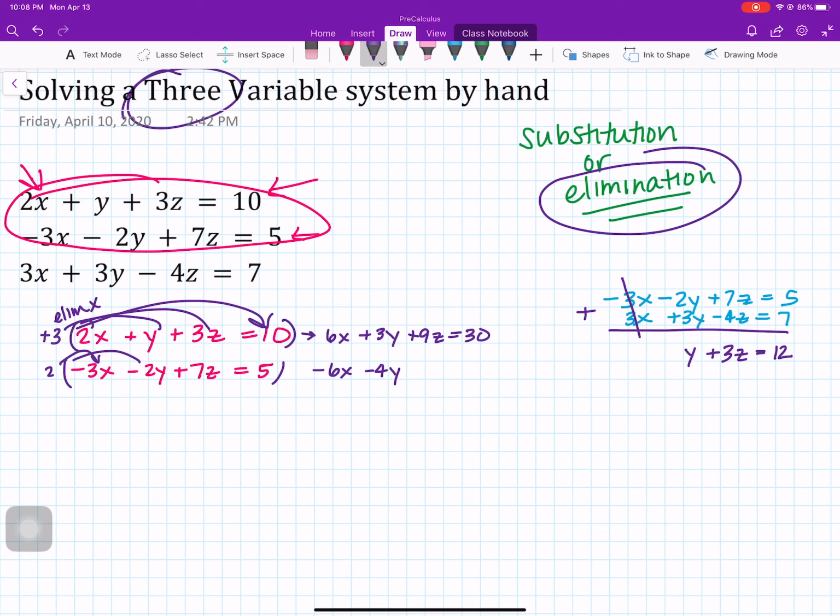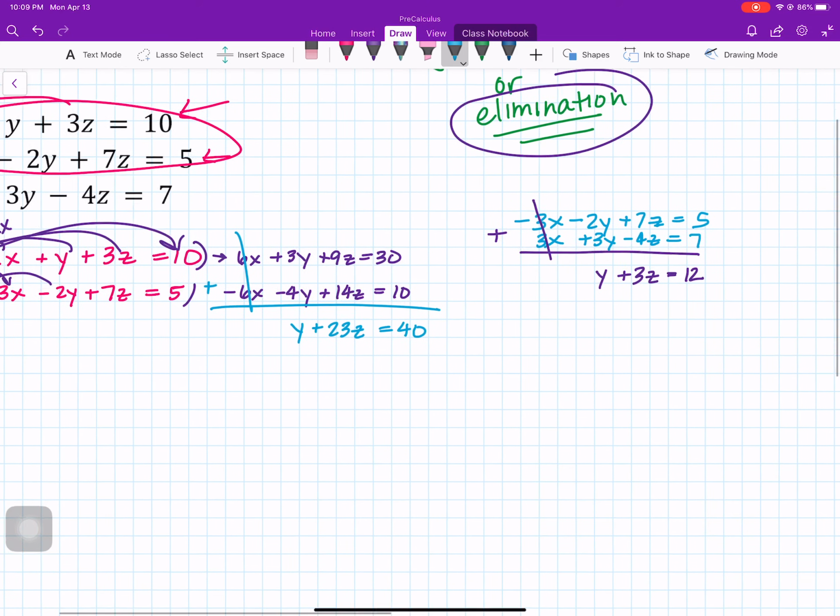And then we have positive 14z, and then 10. We're going to add those. Those cancel, which is what we designed it to do. And then I have y. 9z plus 14z would be 23z, which seems a little odd, but just roll with it. I think we're doing okay so far.